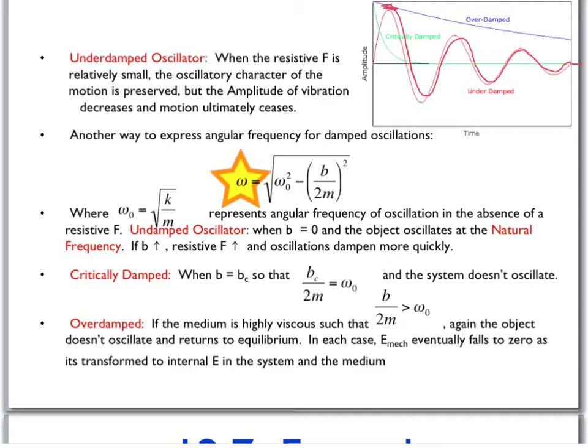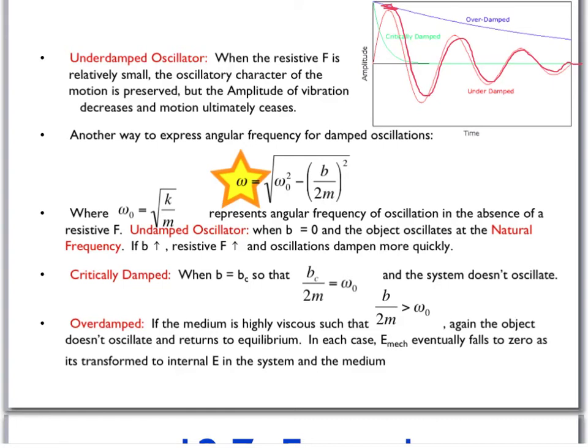Now, another way to express angular frequency for that damped motion, remember we had the square root of k over m minus b over 2m squared. We could rewrite that square root of k over m as omega naught. Omega naught represents the angular frequency of the oscillation in the absence of any resistive force, so what omega would be if there wasn't any friction or air resistance.